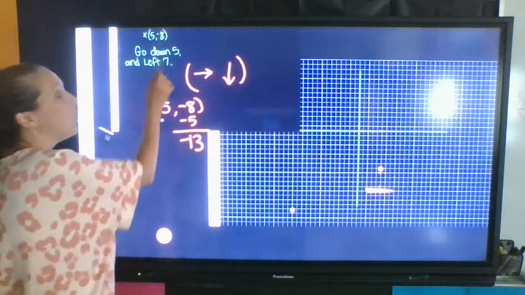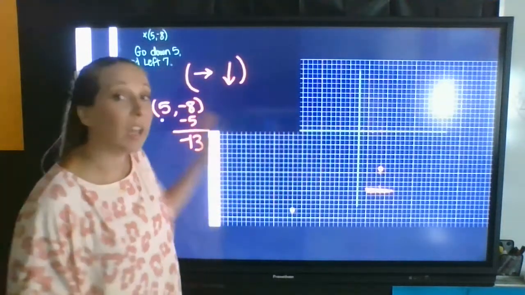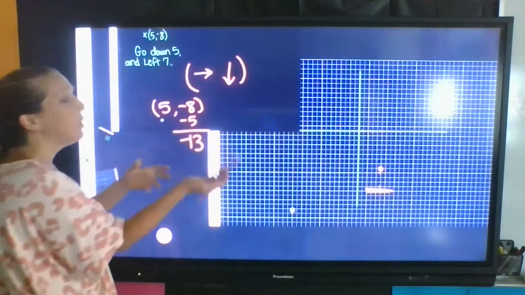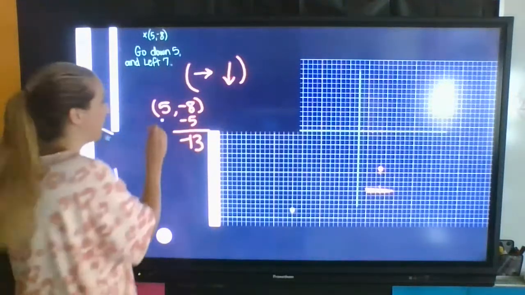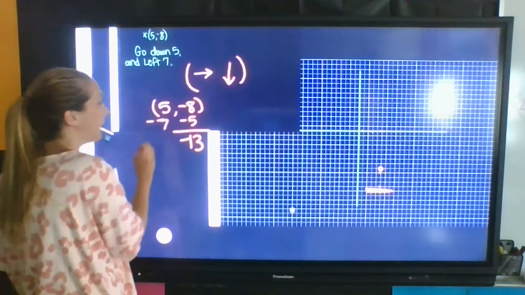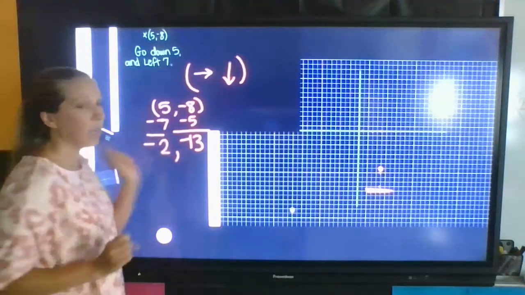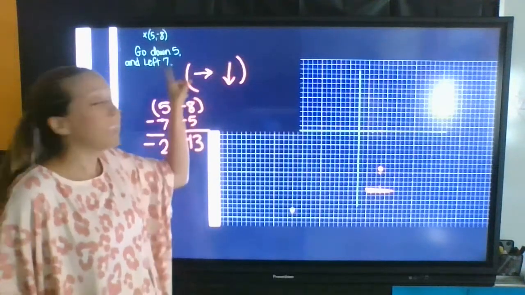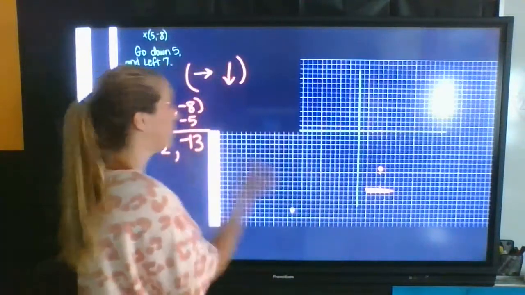Then it says go left 7. Well, if you're at 5 on a number line and you go left 7, you're fixing to cross over 0. So what you're doing is you're actually subtracting that 7 because you said left 7. So 5 minus 7, that's going to give us negative 2, negative 13. Now, if that's a little confusing for you right now, just do exactly what it says. Go down 5 and then go left 7.